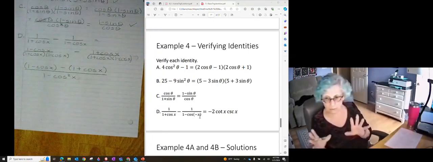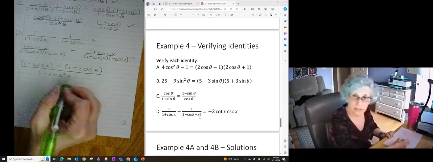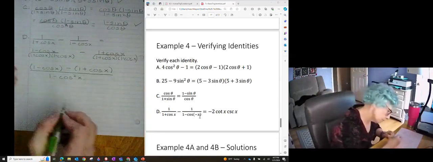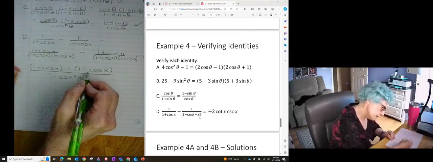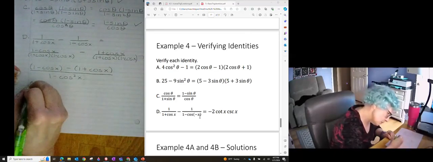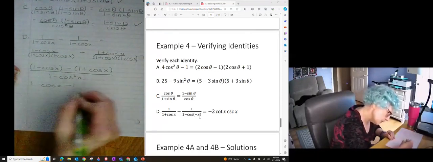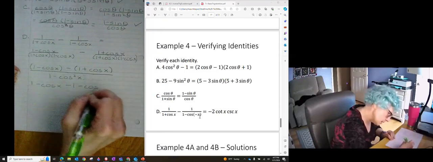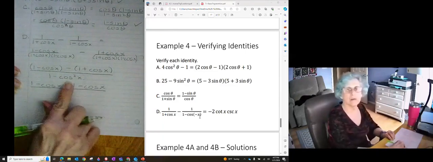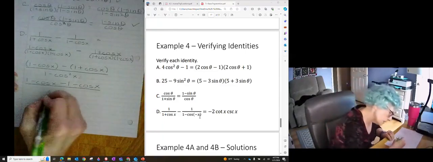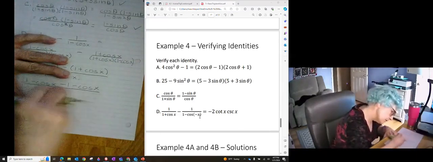Okay, I'm going for cotangent and cosecant. So let's see if I can do some simplifying here. Well, up top, this set of parentheses has 1 minus cosine x minus 1 minus cosine x, all living on top of, Pythagoras tells me, sine squared of x.